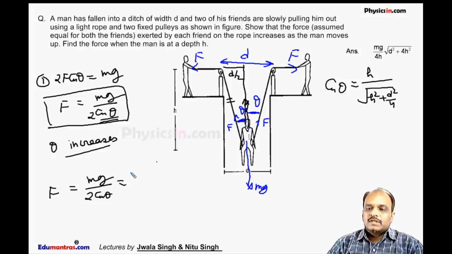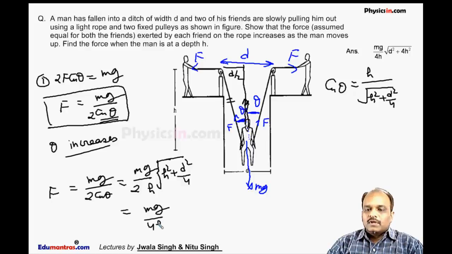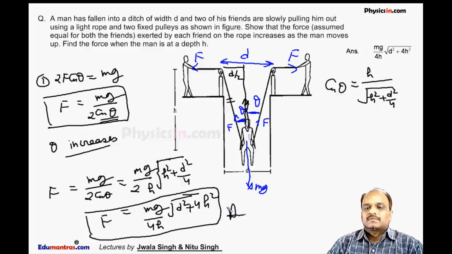Substituting the value of cos theta, we get mg by 2 into h divided by root over h square plus d square by 4. On solving it, we get mg by 4h into root over d square plus 4h square. So this is the force when the depth is h. This is the answer.